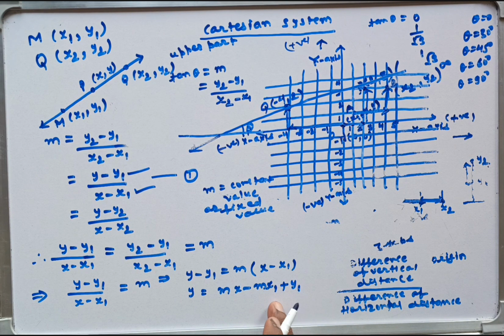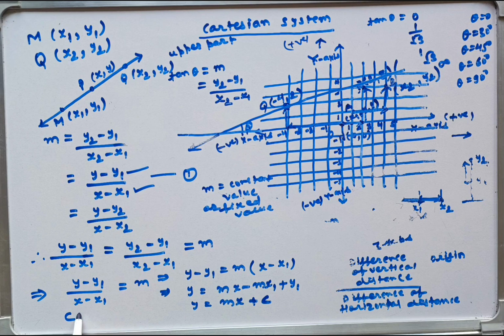This is known as transposition. Now see here, y equal to mx plus c. We assigned c the fixed value equal to y1 minus mx1. So guys, this one is the equation of a straight line.